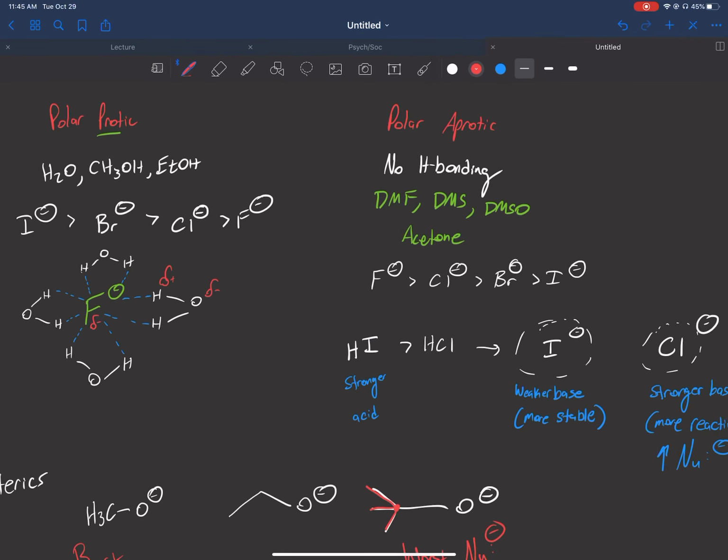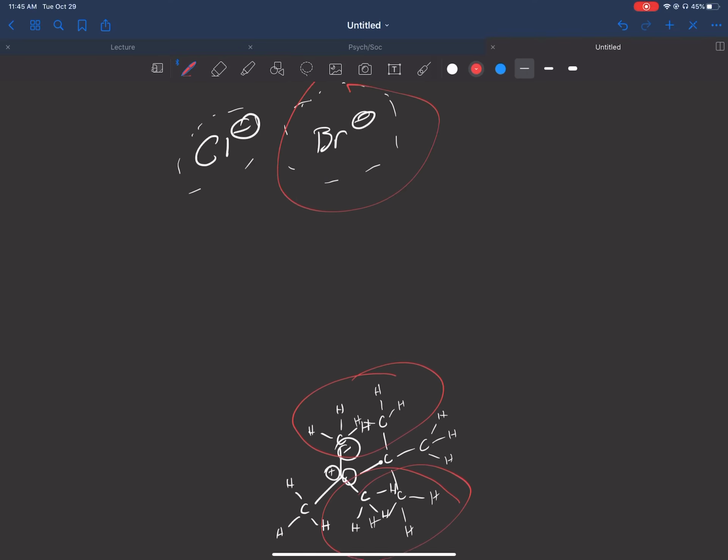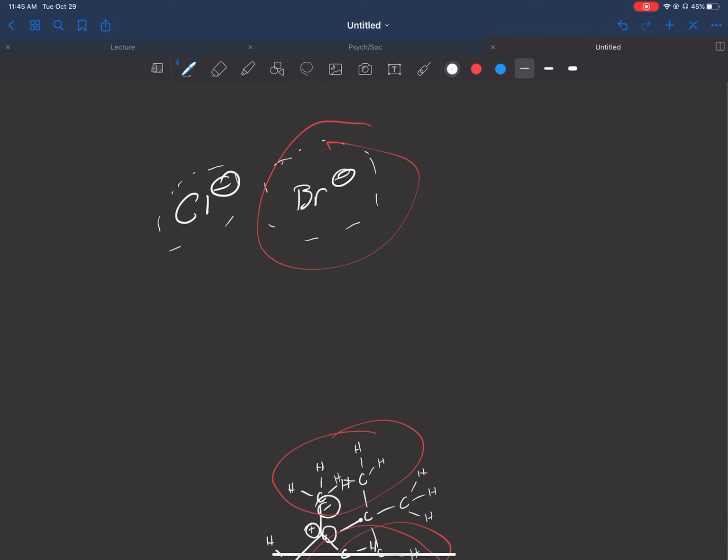All right, with more practice, you'll be able to get these better. There are also other nucleophiles and bases that you will encounter that I have not discussed here. So, for example, CN minus. All right, now just looking at it, you wouldn't really be able to tell if it's a good nucleophile or a good base.